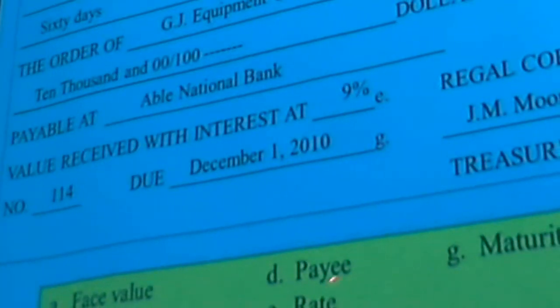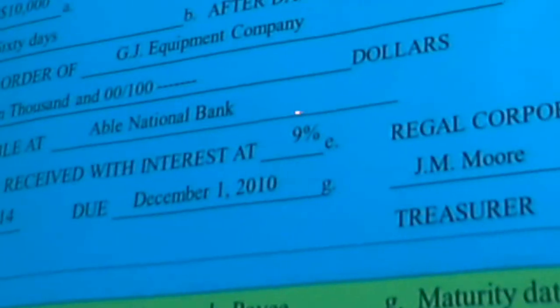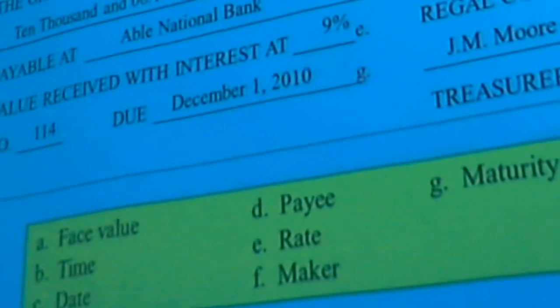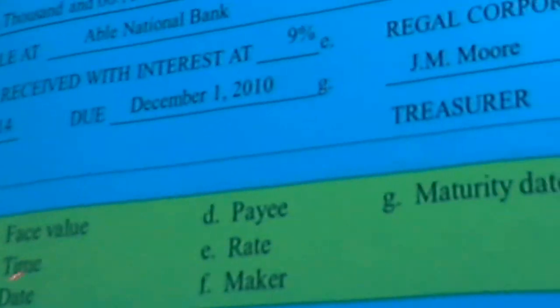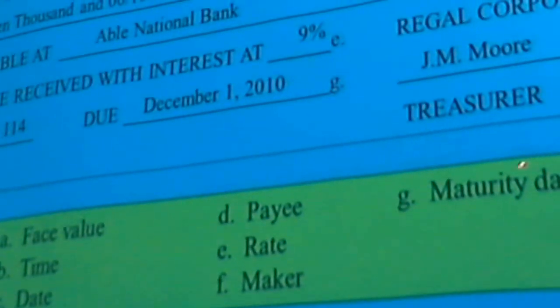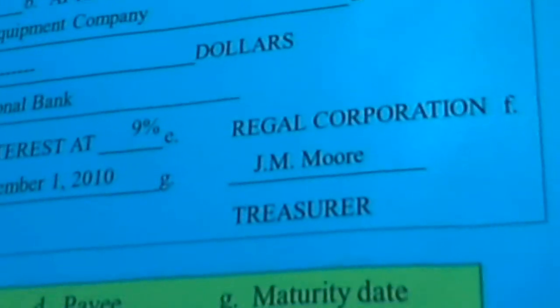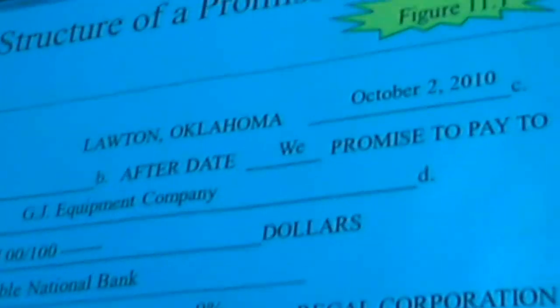Okay, the rate, E, it's 9%. A rate is always expressed in terms of what percentage, right? Okay, we discussed everything here. Do you have any question about the parts of a promissory note?